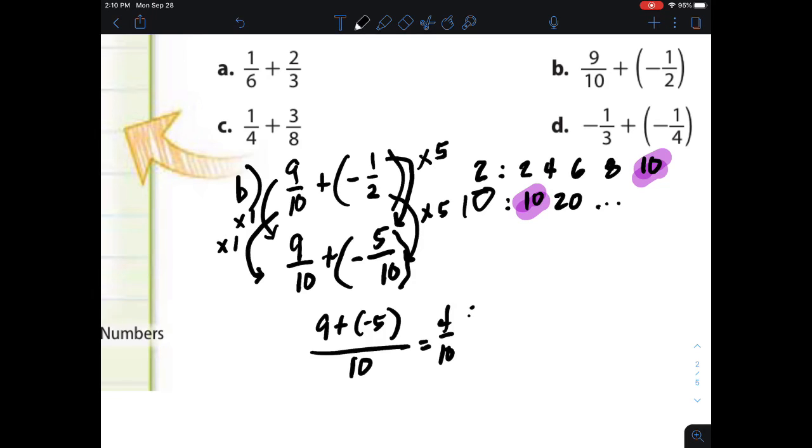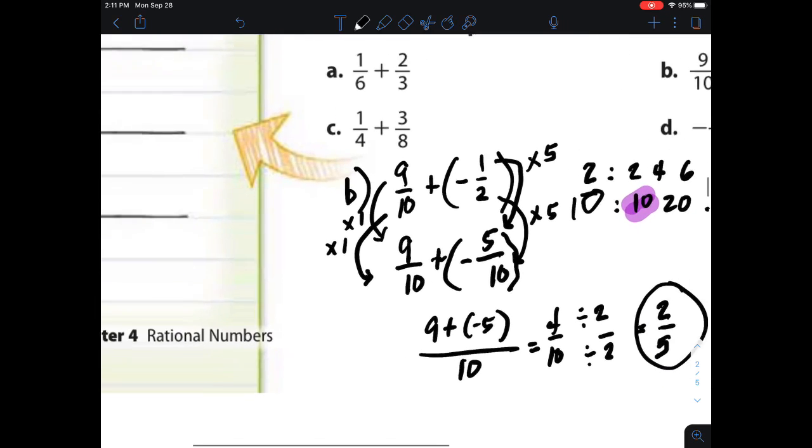The greatest common factor of 4 and 10 is 2, so I divide both of them by 2, and I end up with 2 over 5. So the simplest form of 9/10 plus negative 1/2 will be 2 over 5.